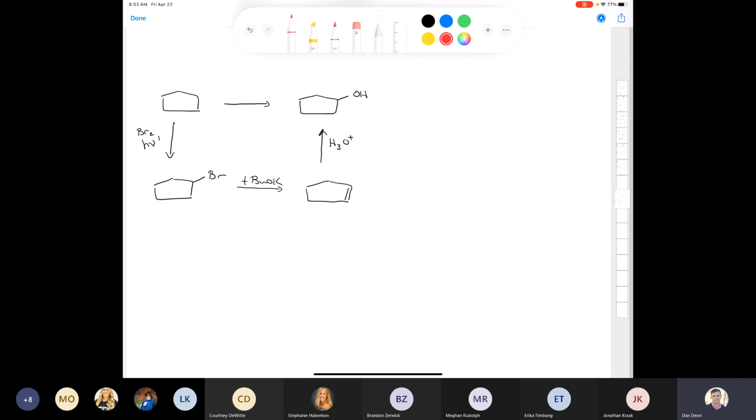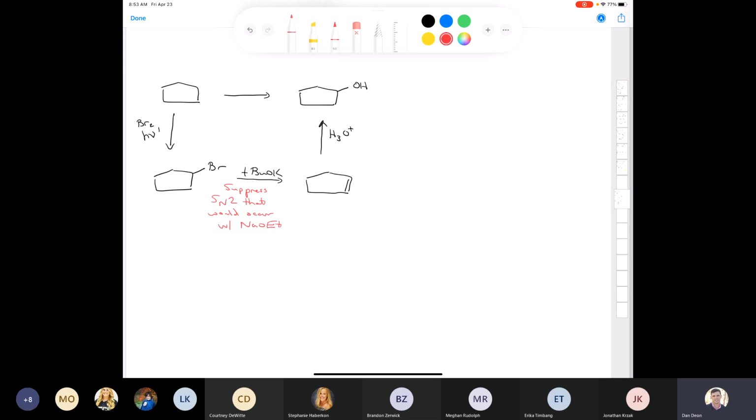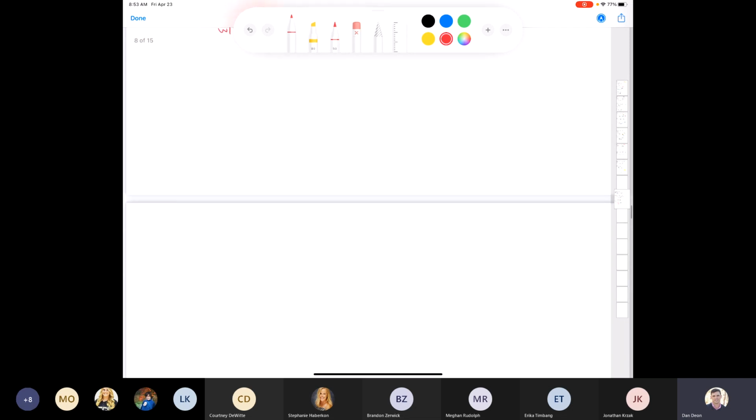The reason you use t-butoxide is to suppress the SN2 reaction that would occur with sodium ethoxide, so you want to avoid that. That's the kind of rationale, or the kind of approach, you want to take to do these types of questions. Let's take a look at another one.